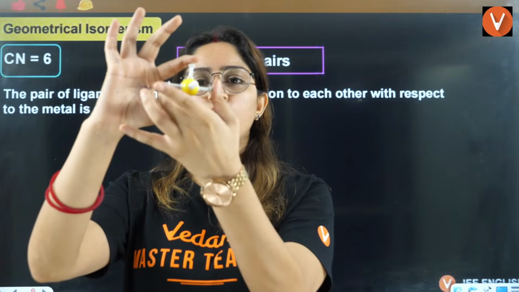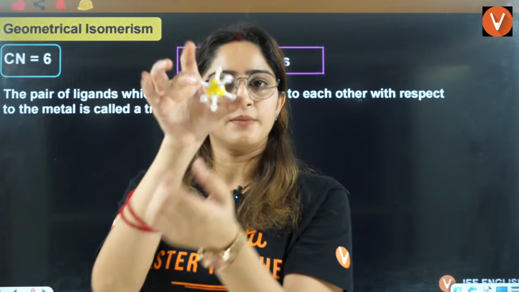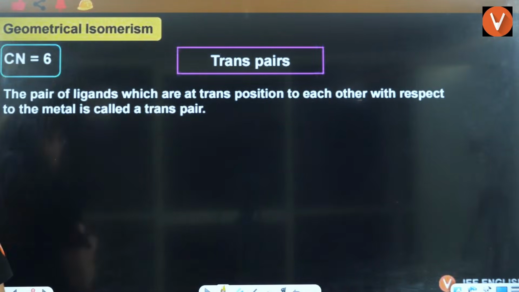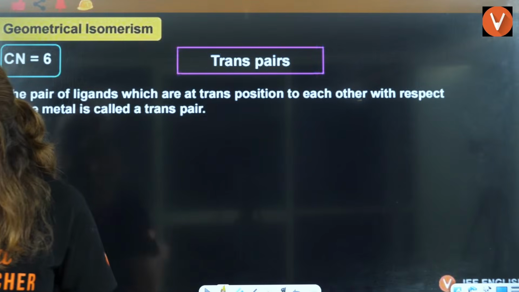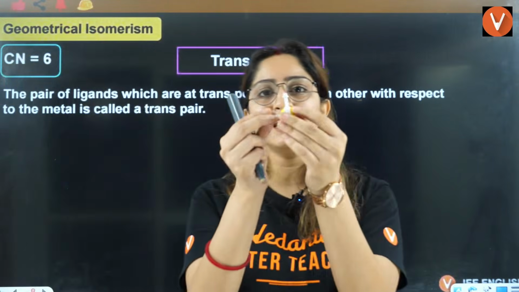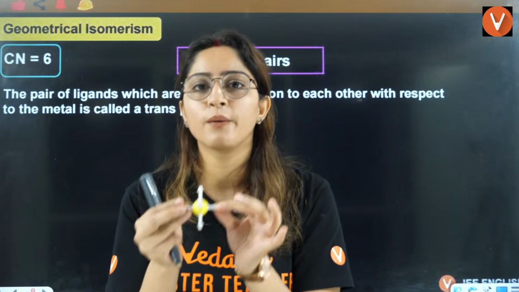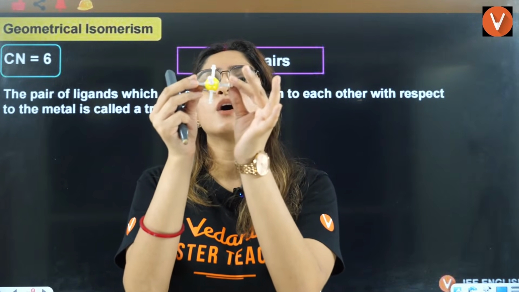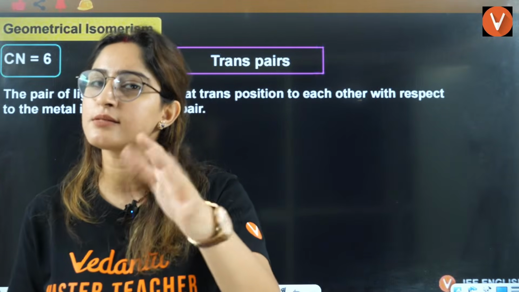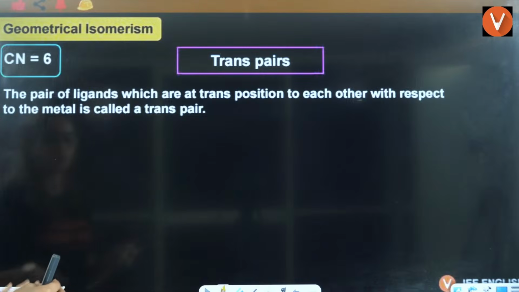Two opposite, and two opposite, right? Now, again, cis and trans we'll talk about. So, if any octahedral compound has one trans pair, it is going to show cis and trans isomerism, simple. Okay, this is what is written here.